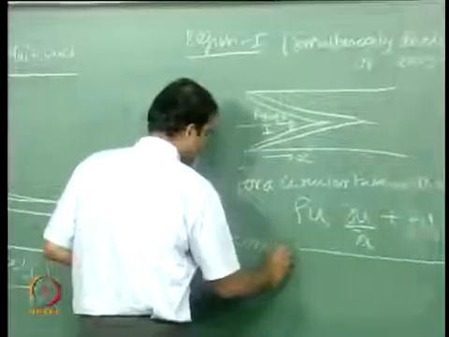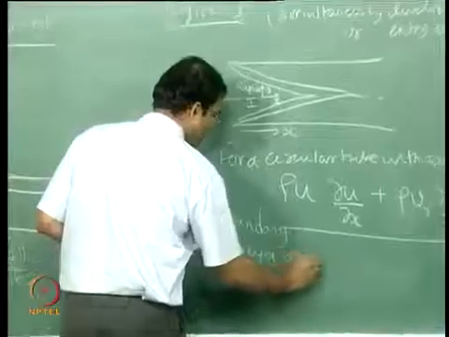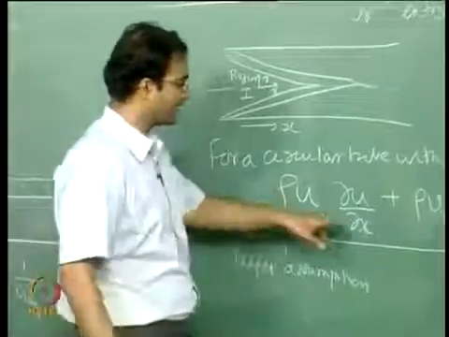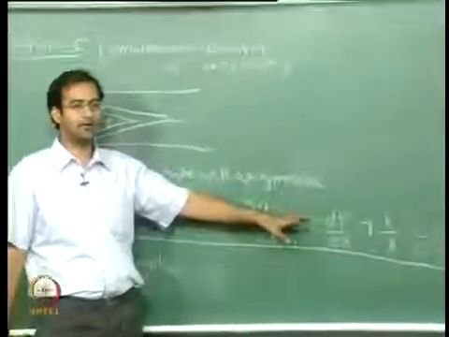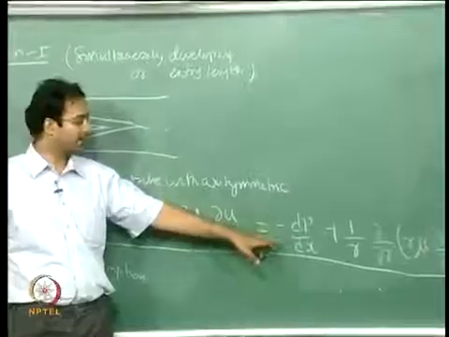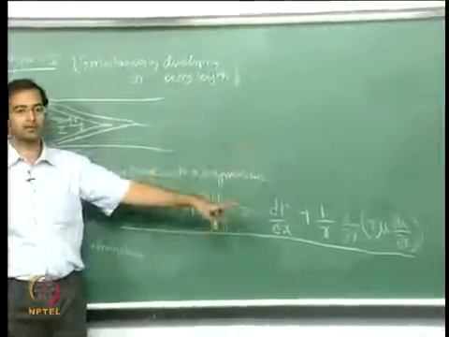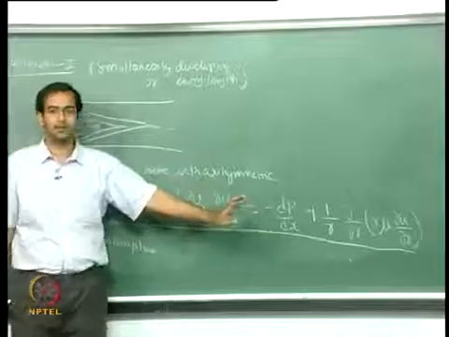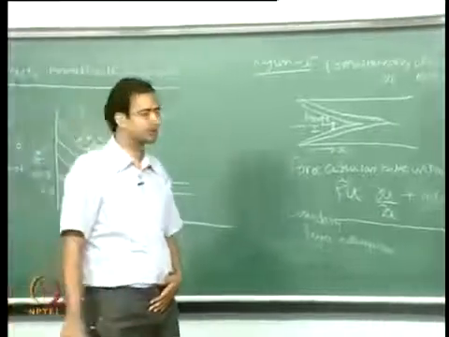So this is your boundary layer assumption. Remember, in the flat plate case we had the same thing, u du by dx plus v du by dy is equal to, if you have a pressure gradient, minus 1 by rho dp by dx plus nu d square u by dy square. The same way we have constructed the boundary layer equation in the radial coordinate system.